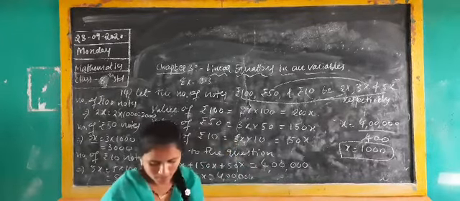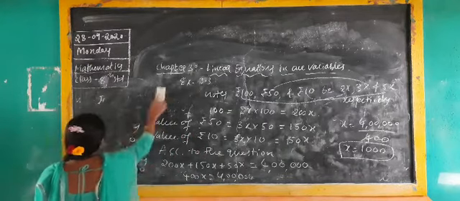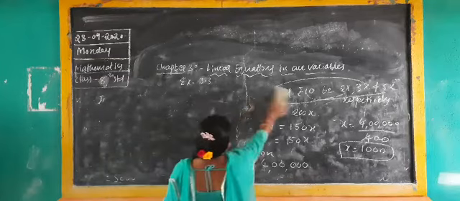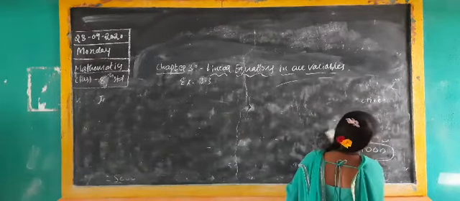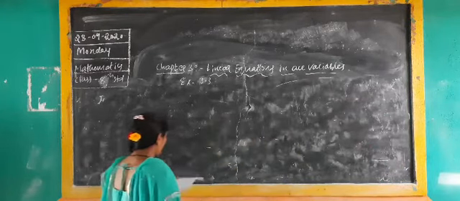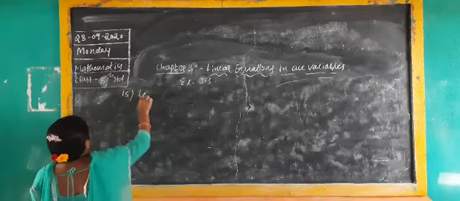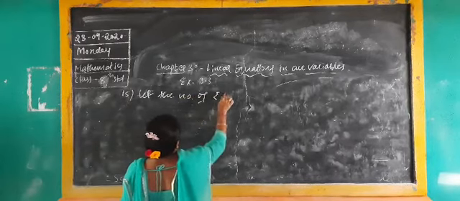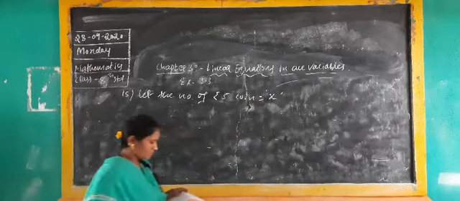Write down. Let the number of rupee 5 coins be x.